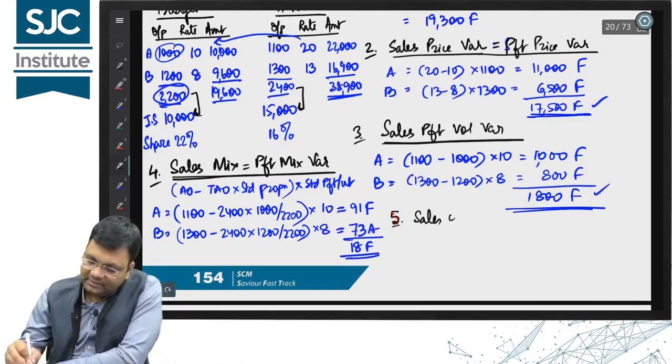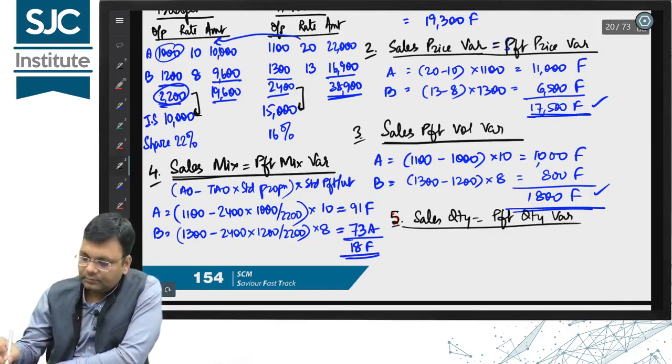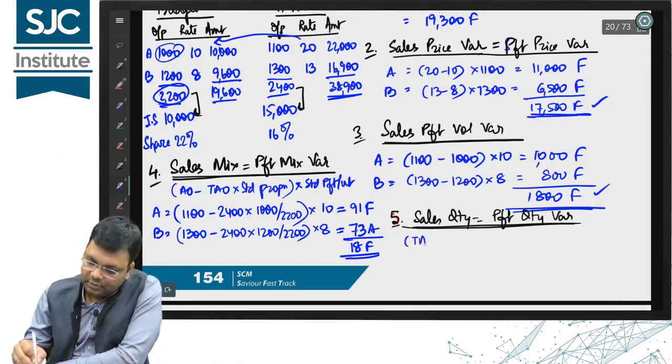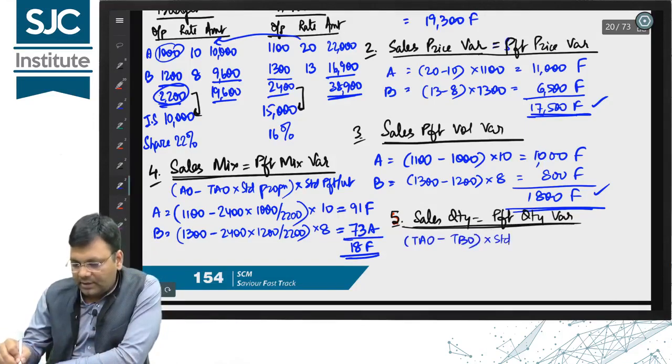Next is sales quantity variance or profit quantity variance. It's just like yield variance, you can do it in one line. Total actual output minus total budgeted output into standard weighted average profit per unit.